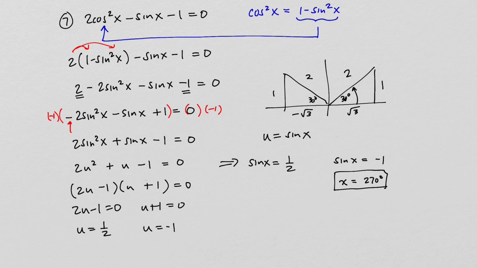And so the angles for which sine is equal to 1/2 are 30 degrees and 150 degrees. And so the solutions here are 30 and 150. And so again, in total, we have 3 solutions.